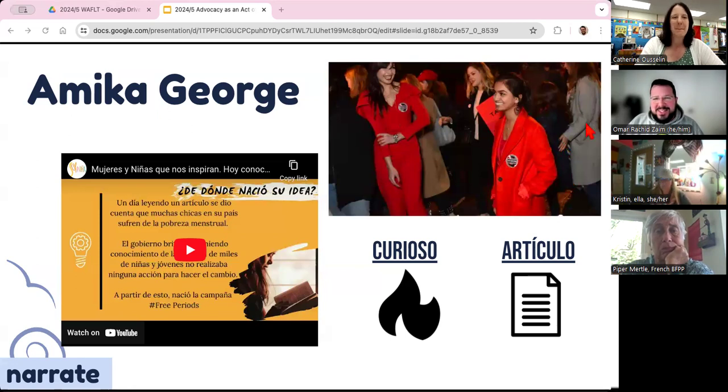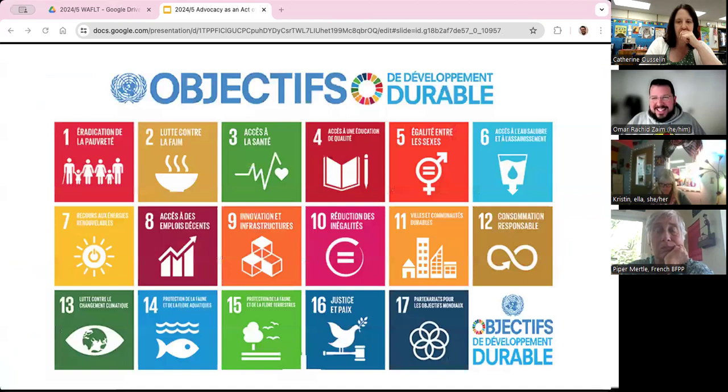All right, let's make the transition to the next part of the unit, which is the United Nations Sustainable Development Goals. I know that Catherine has led a session on this as well, looking at ways that we can continue contributing and collaborating, so that we can speak to how authentic, relevant, and useful this tool is as a classroom resource.